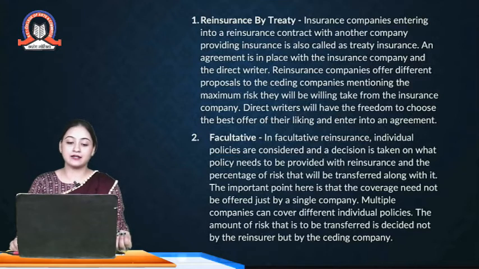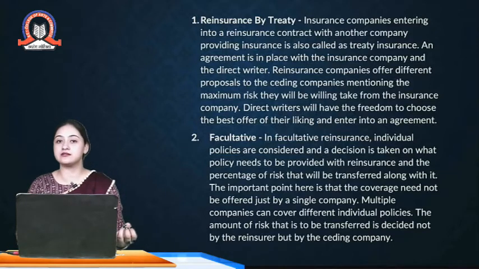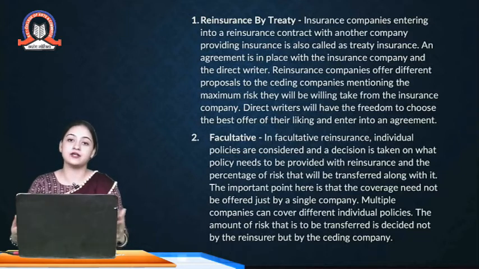Next we have facultative. In this kind of reinsurance, individual policies are considered and a decision is taken on what policy needs to be provided to the person. So the client here is not directly given the policy. They sit collectively, make a decision, and then collectively the policy is offered to the client.